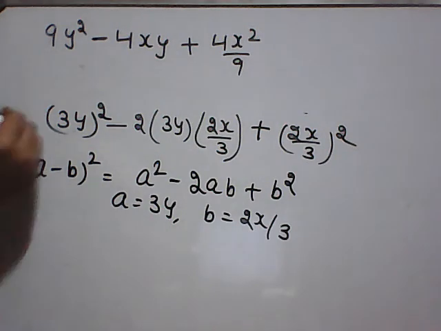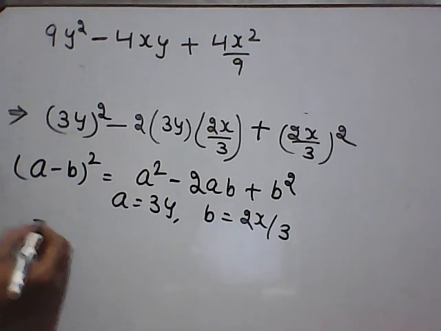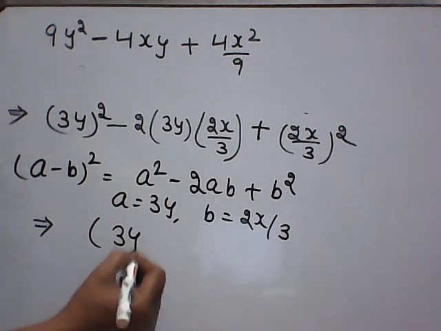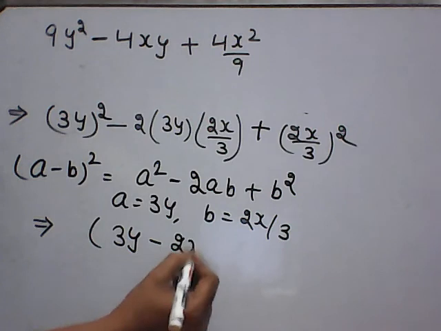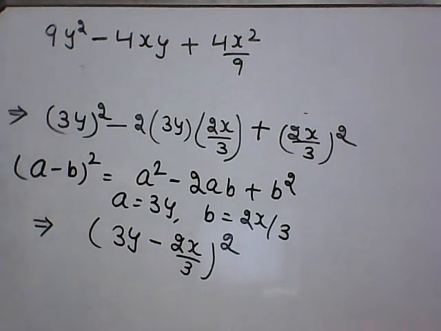This expression contains the right hand side of the second identity. So we can directly put the value of the left hand side of this identity, (a minus b) whole square. What is a? 3y minus b, 2x by 3, whole square. So it is (3y minus 2x by 3) whole square. In this way we can factorize expressions by using identities. Thank you.